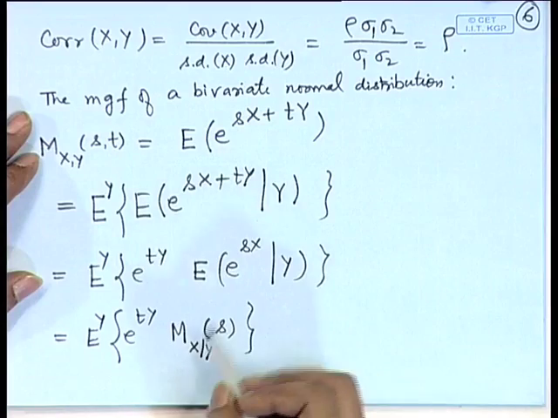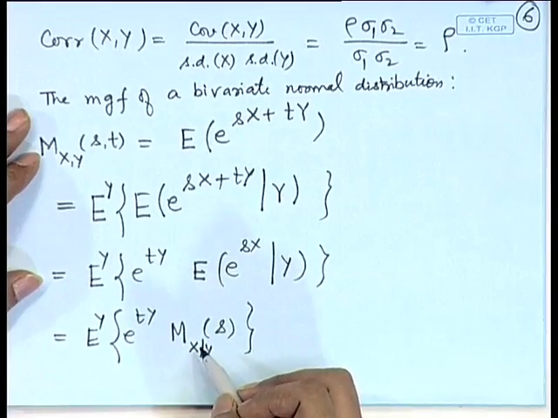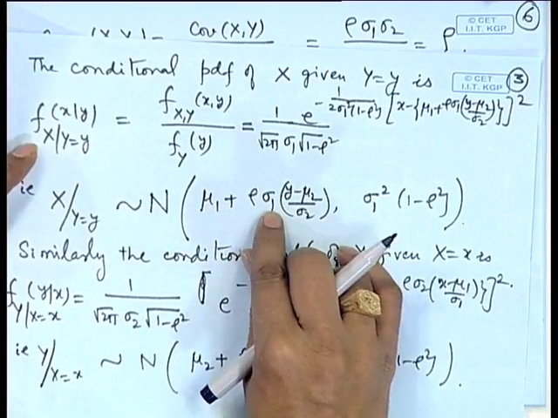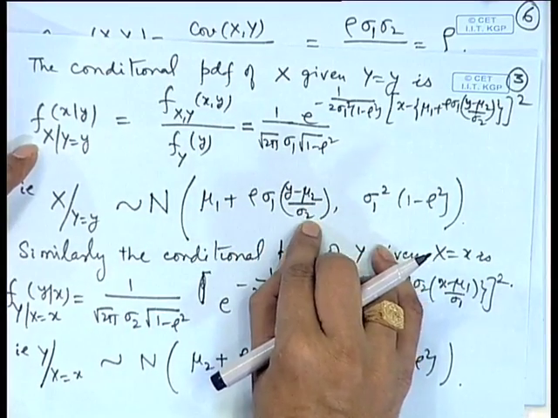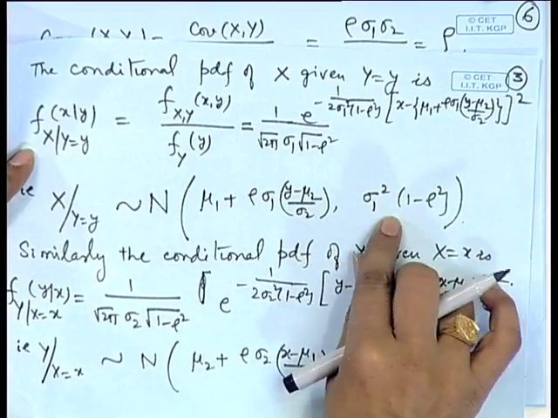Suppose the normal (mu, sigma square) distribution is there, then we have seen that the MGF is represented as e^(mu t plus half sigma square t square). So, here the point is s in place of t, and X given Y has the parameters mu 1 plus rho sigma 1 (y minus mu 2) by sigma 2, and sigma 1 square (1 minus rho square). So, we make use of this.